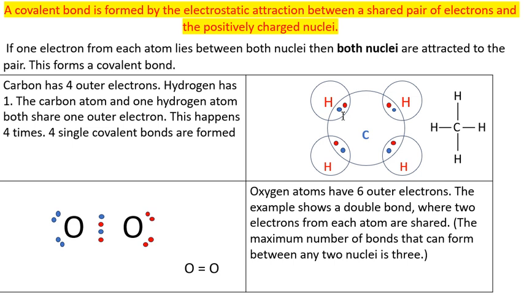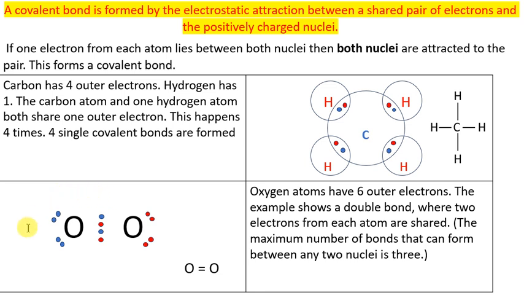We see that they will be attracted to both. I could draw a much simplified form of this diagram a lot quicker by just showing the carbon atom central with 4 lines showing the 4 separate covalent bonds to the hydrogen atoms.